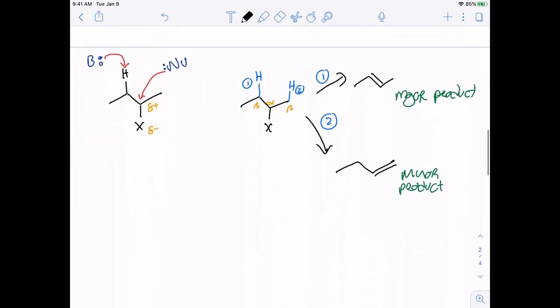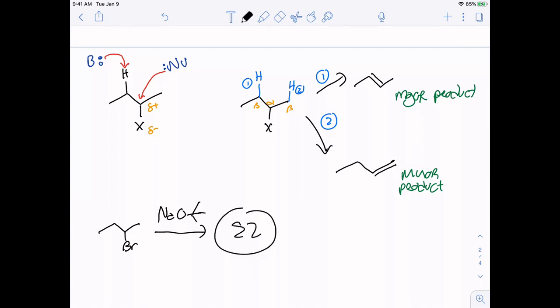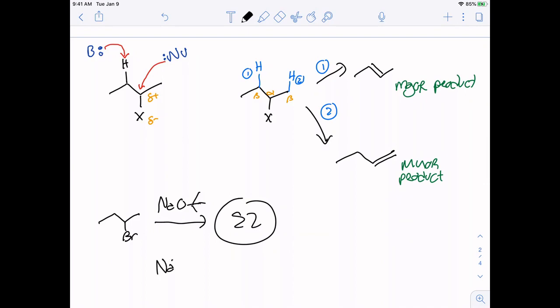So if I give you this alkyl halide and then NaO and that, E2, right? Sodium I don't care about, Na plus. And then this guy, there's a carbon in there. So I have an oxygen with a t-butyl group bonded to it.